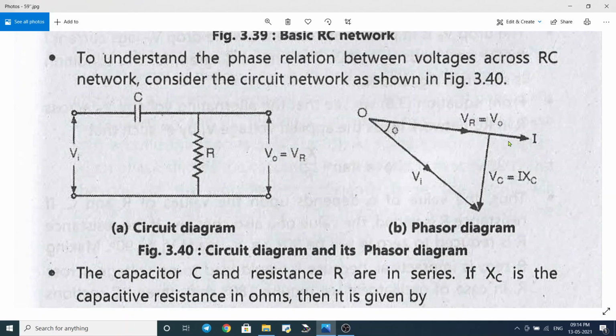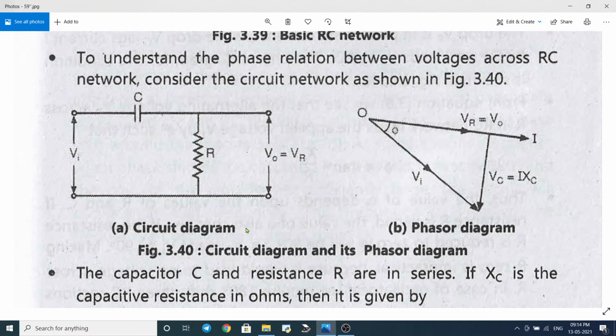But if you consider the current through the network and the voltage across the capacitor, there is a phase difference between current and the voltage across the capacitor, and this should be 60 degrees for one network.